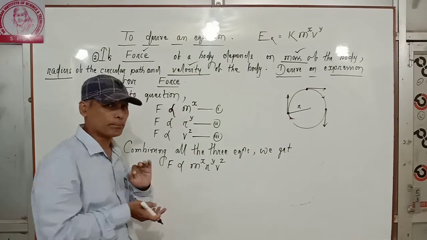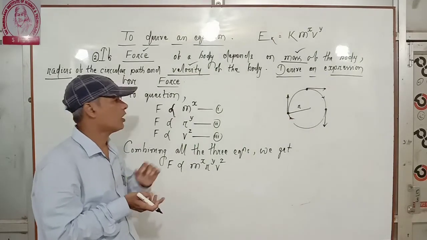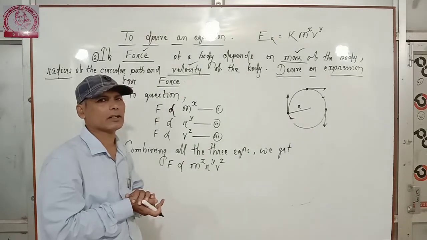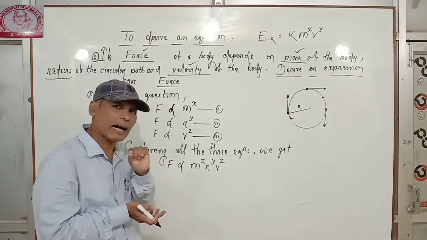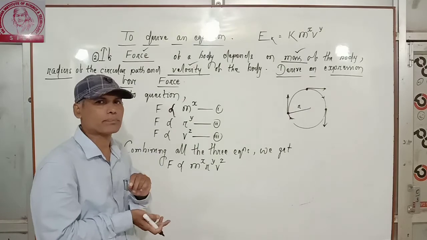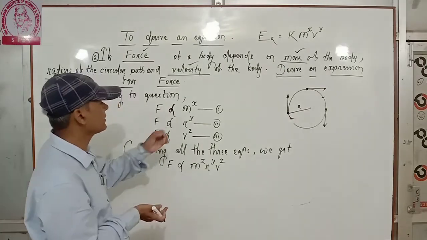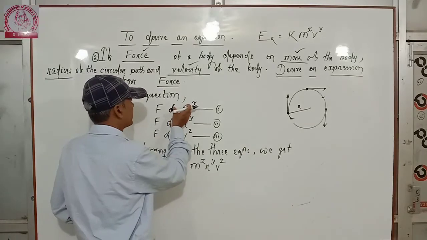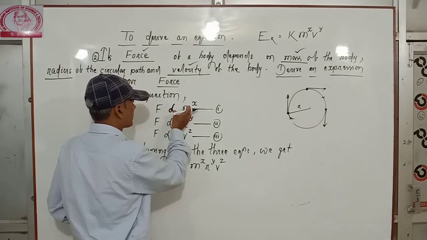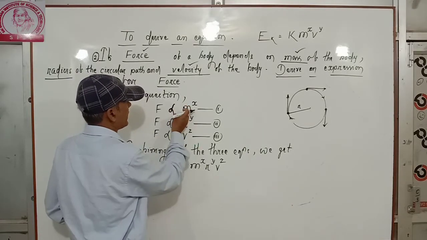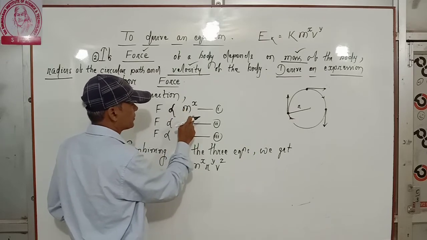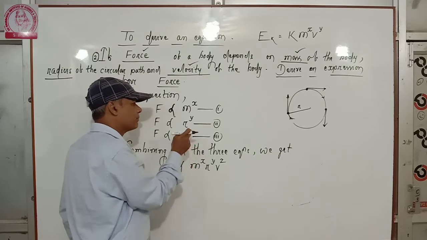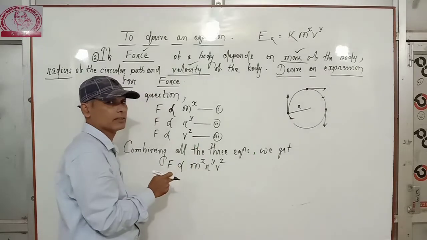But the powers of those physical quantities must not be identical, they must be different. That's why in the first equation I have taken the power as x, in the second equation I have written the power as y, and in the third equation I have taken the power as z.